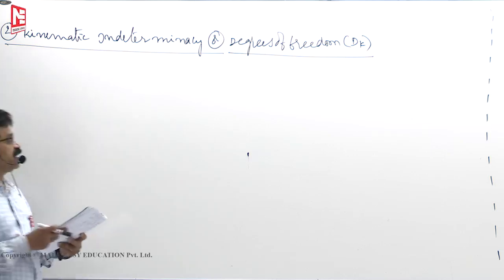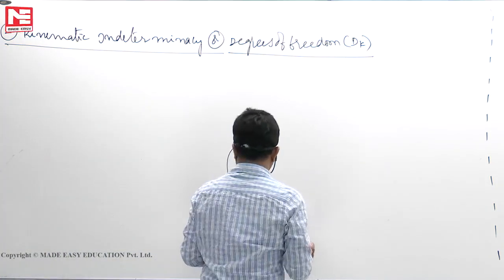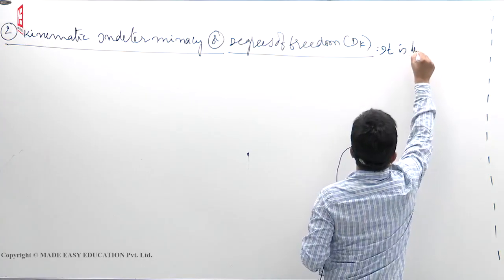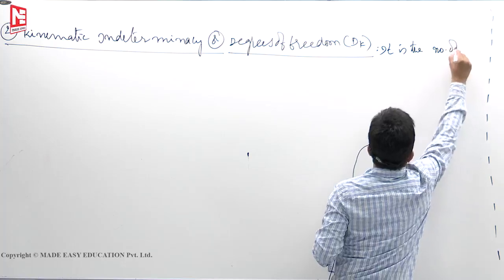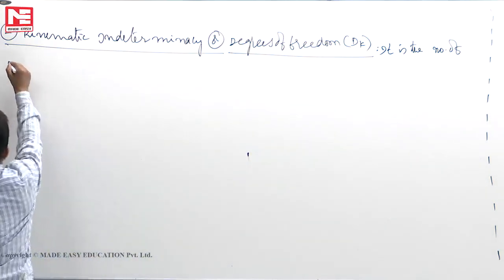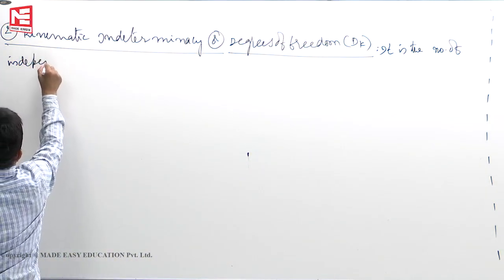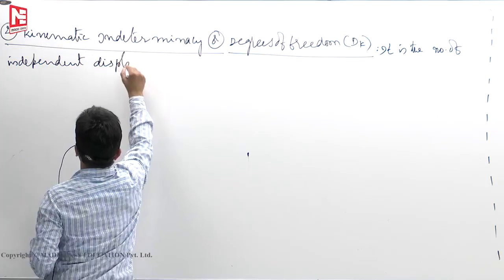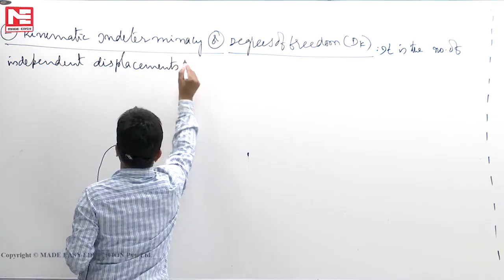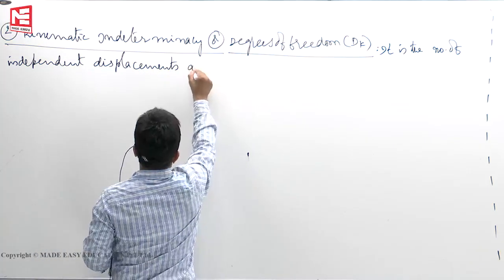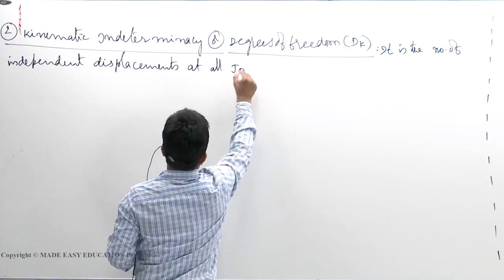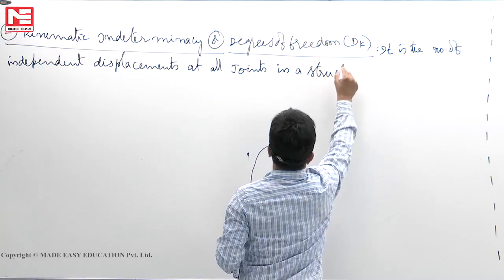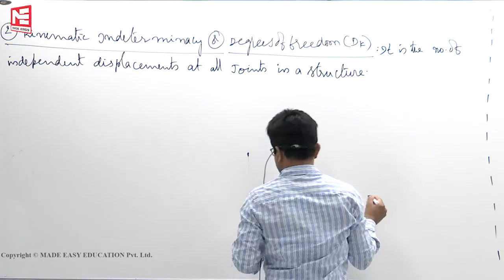Kinematic indeterminacy means it is the number of independent displacements at all joints in a structure.